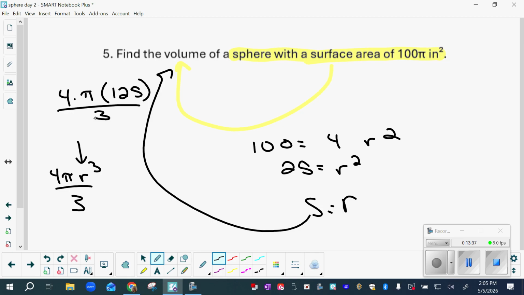And now I'm going to take that 5 and put it in. I got about 524. Be careful on this one. 524 inches cubed.